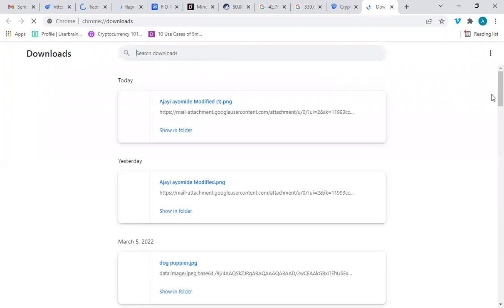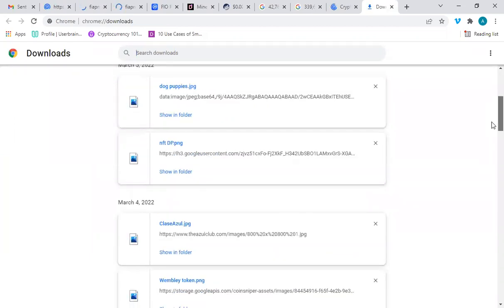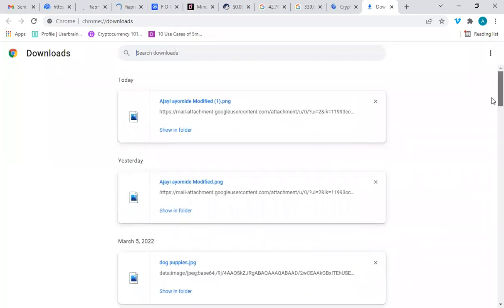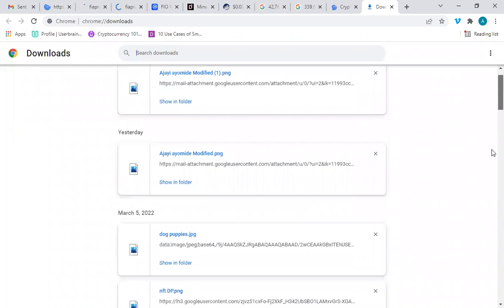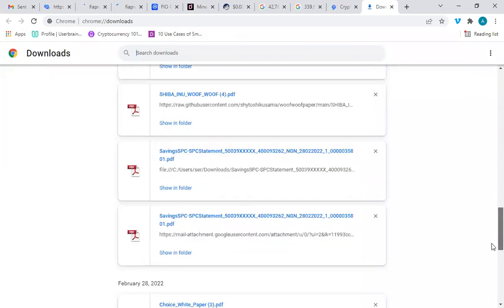Let me check my downloads. So please always find time to read through the white paper if you really want to go for fundamental analysis. I have a PDF of 100 definitions in crypto that I made. If you are reading about a coin and they are giving you big grammar, you can easily check through the PDF.